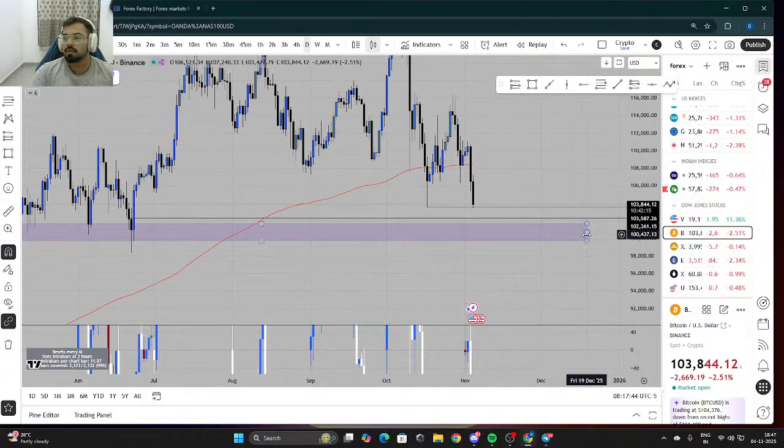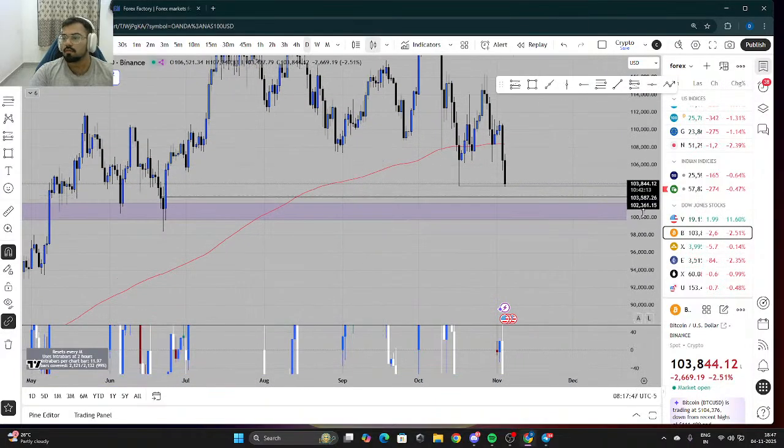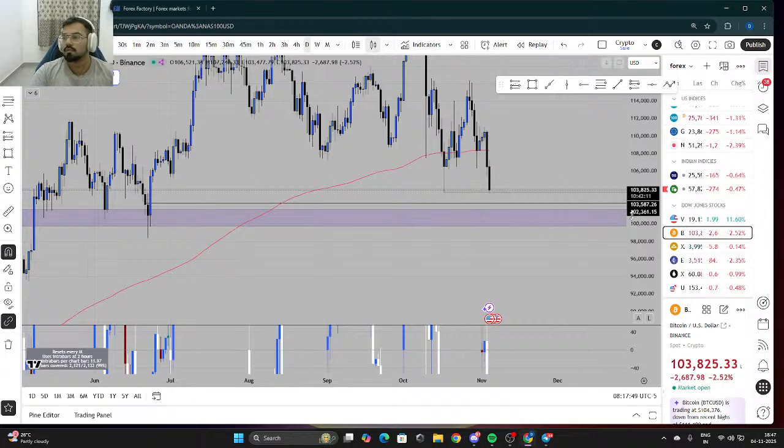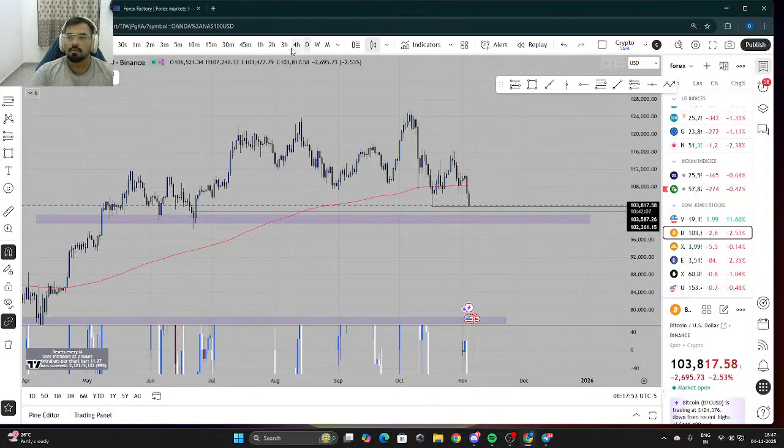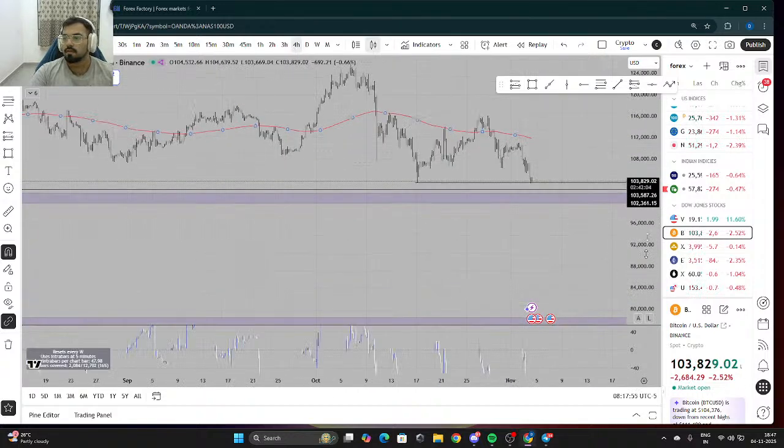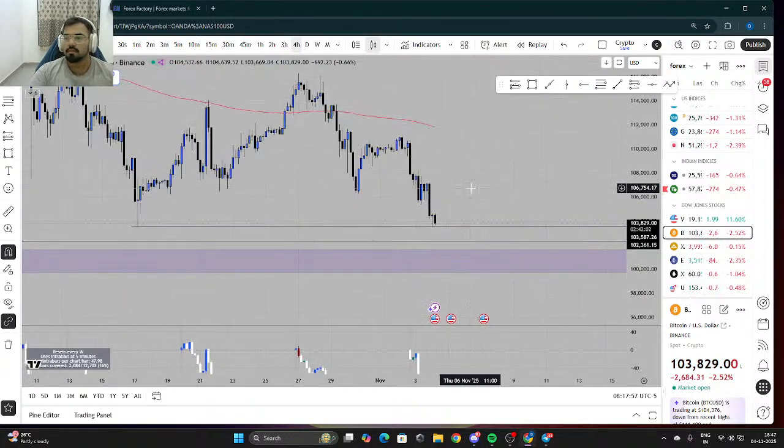So this will be my key level for Bitcoin: 103, 103, 102. If there is any strong reaction from these levels, then I look for some setups.